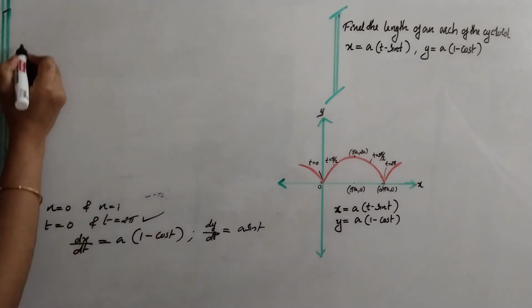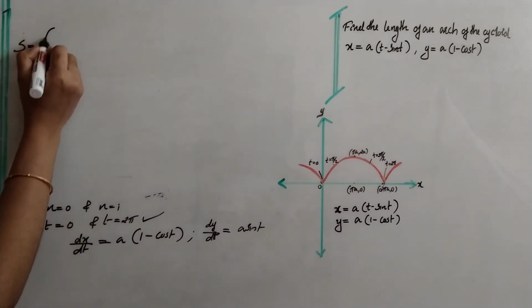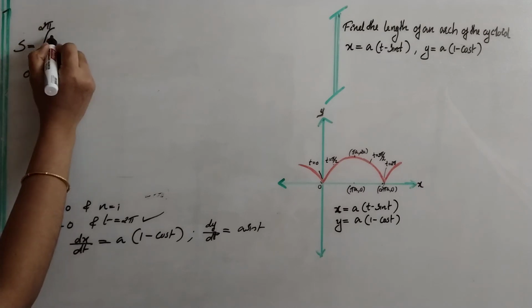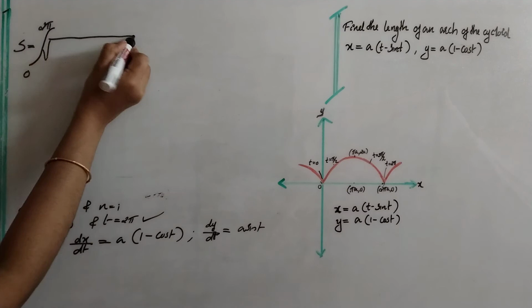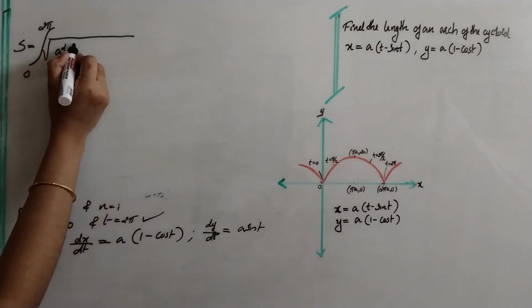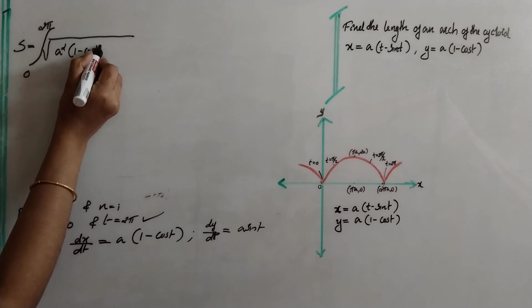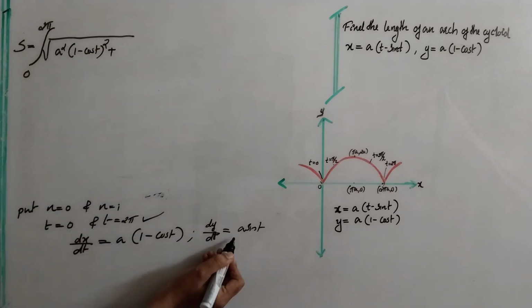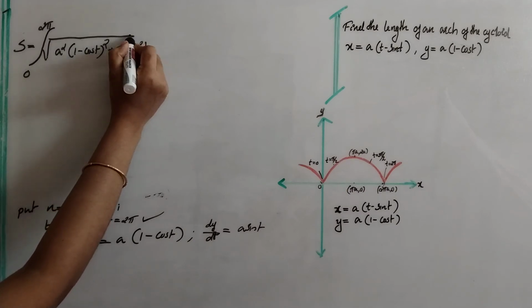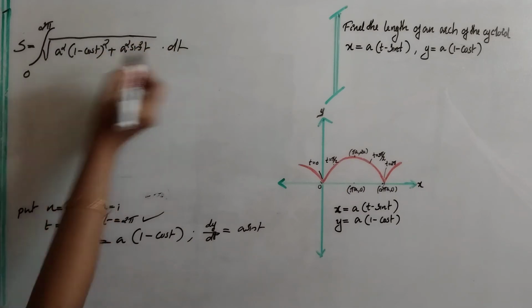So S is equal to integral 0 to 2 pi square root of dx by dt square, that is a square into 1 minus cos t square, plus dy by dt square, a square sin square t, into dt.